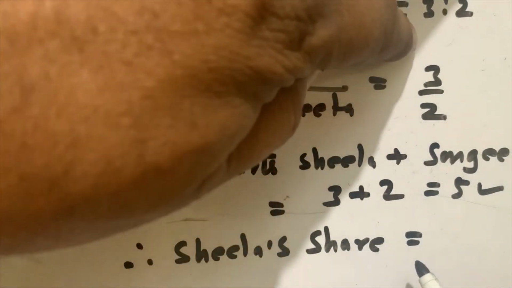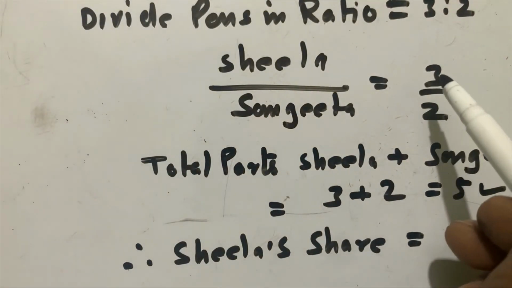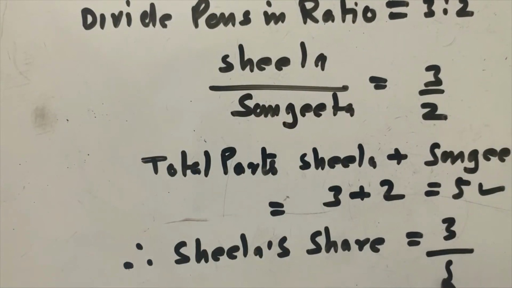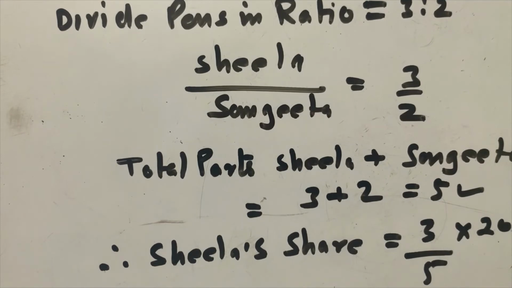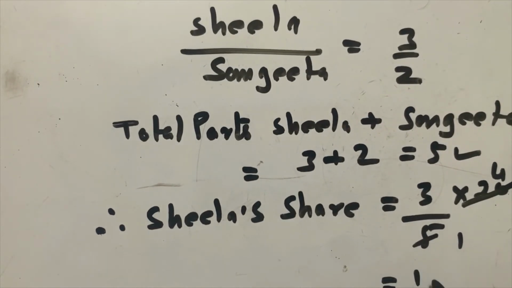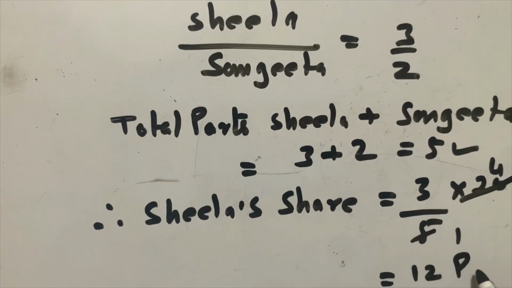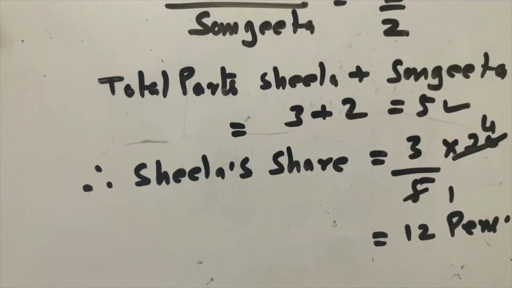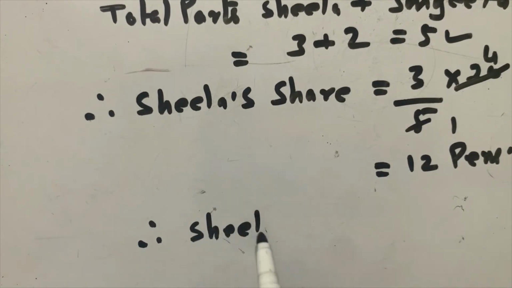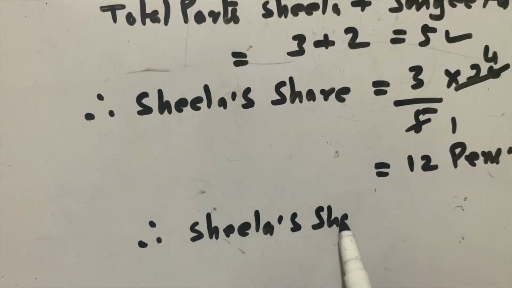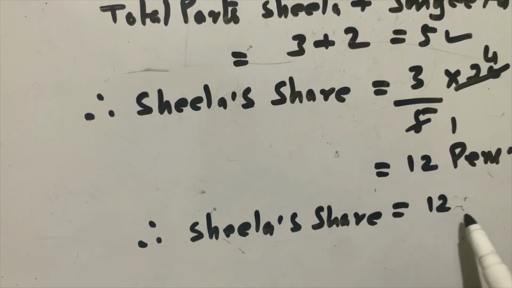Sheila's ratio is 3 upon total parts 5, into total pence 20. Now we will read the table of 5. 5 ones are 5, 5 fours are 20, 3 fours are 12. 12 pence. Therefore Sheila's share of pence is 12.